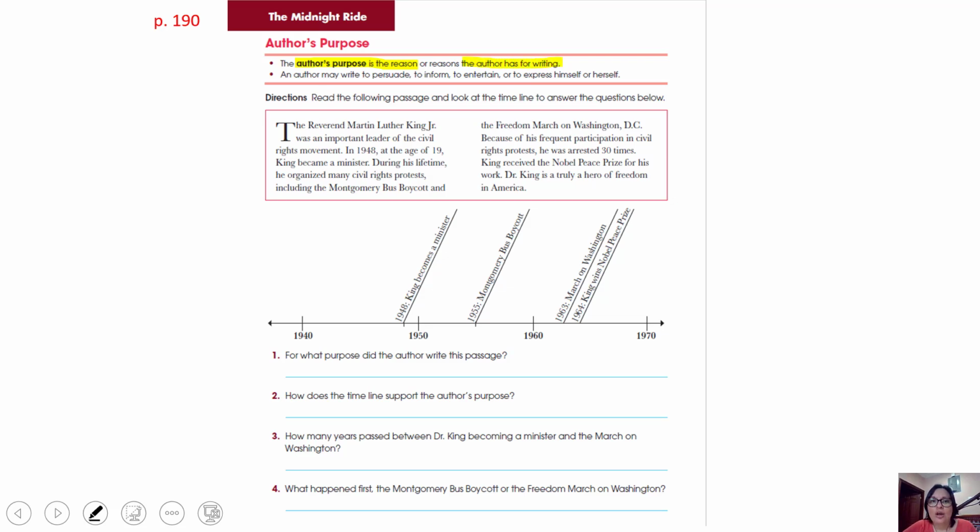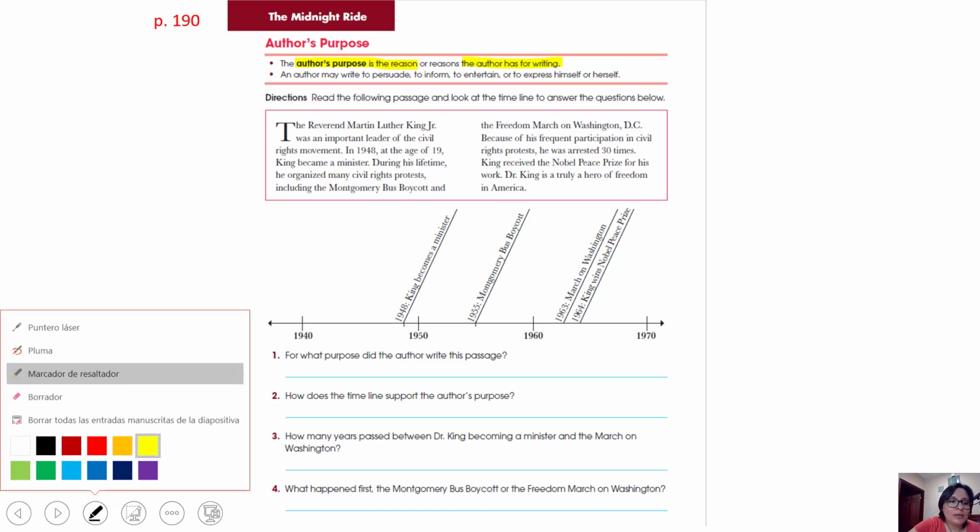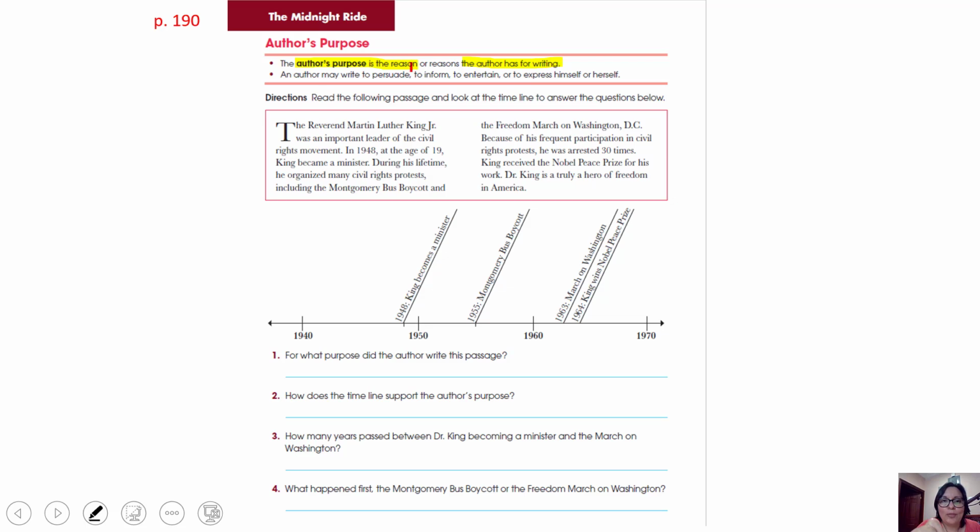Okay? So, the author's purpose can be to persuade, to inform, to entertain, or to express.